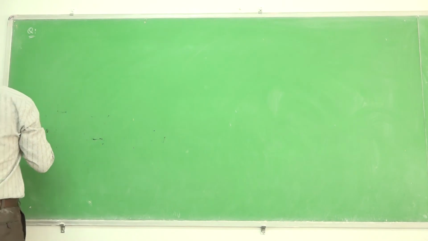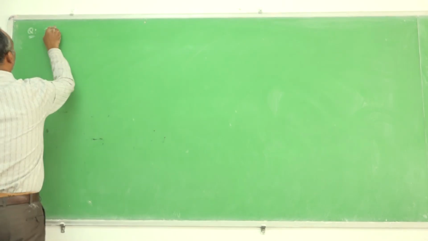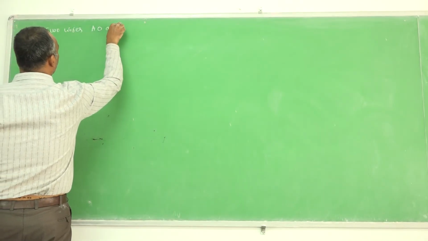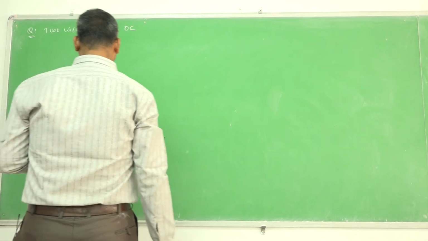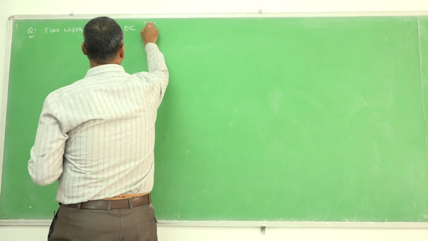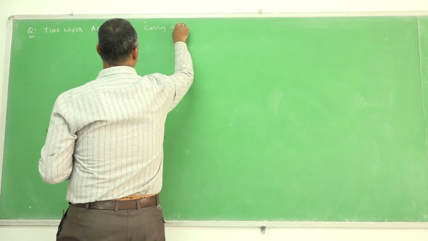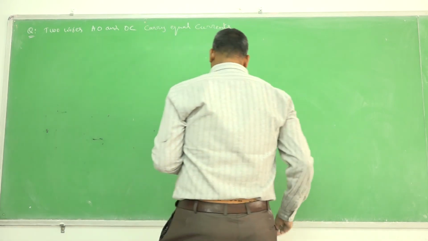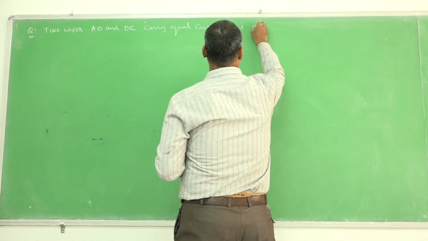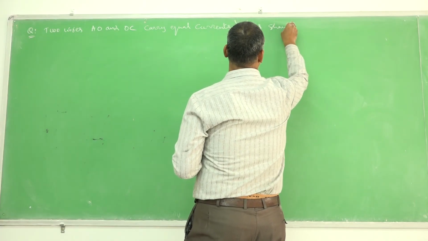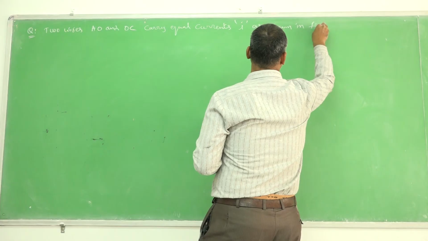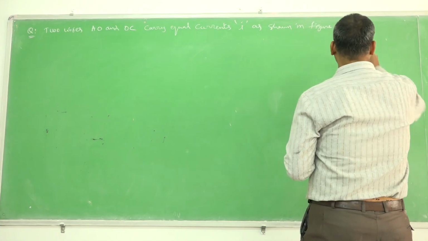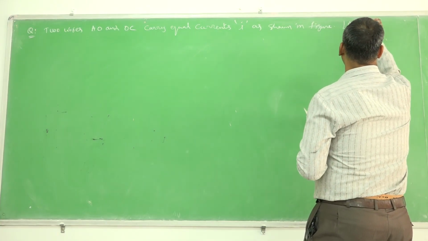Two wires AO and OC carry equal currents I, as shown in the figure. Angle AOC is equal to theta.